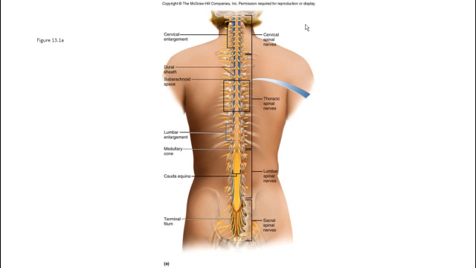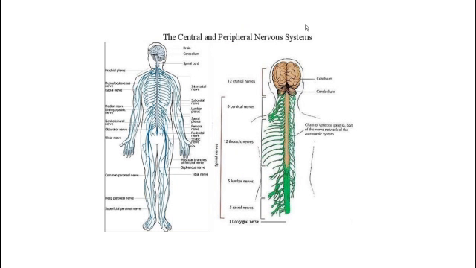There are 12 thoracic nerves. That goes along with 12 ribs in the thorax, 12 thoracic vertebrae, 5 lumbar nerves, and then we have sacral and coccygeal nerves. So we aren't going to be doing a lot with the sacral nerves at all, but we will be looking extensively at the nerves coming out of the cervical, thoracic, and lumbar areas.